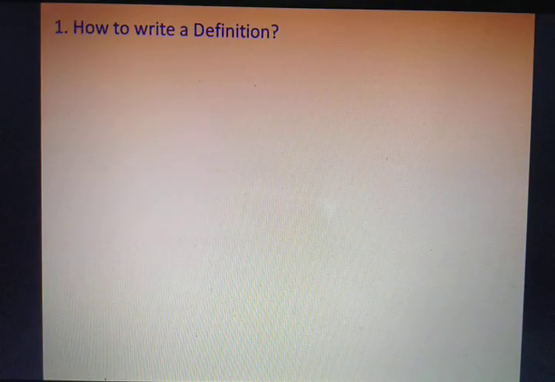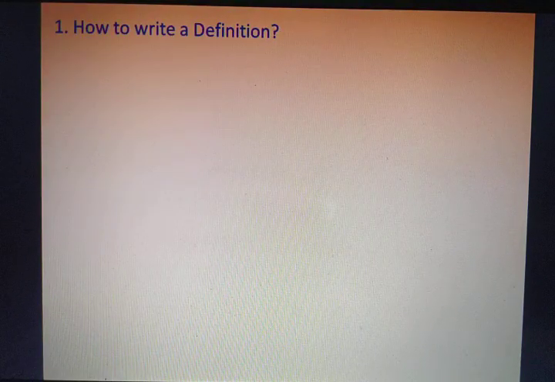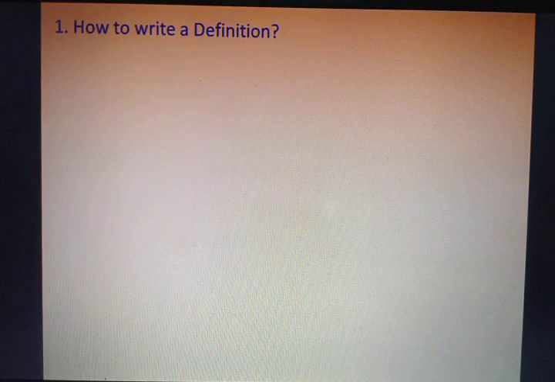The first thing which you people face difficulties with, which I have seen while checking the papers, is regarding definitions. Many of you write definitions, but I have seen either the keywords are missing or the sentence construction is not proper. If the sentence construction is not proper, then the meaning gets changed.